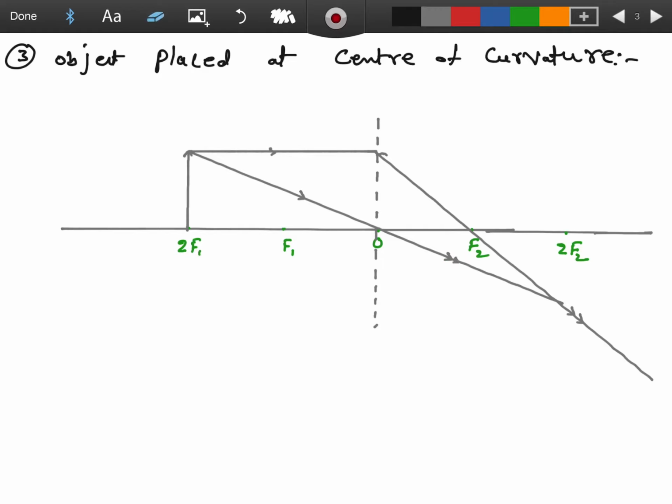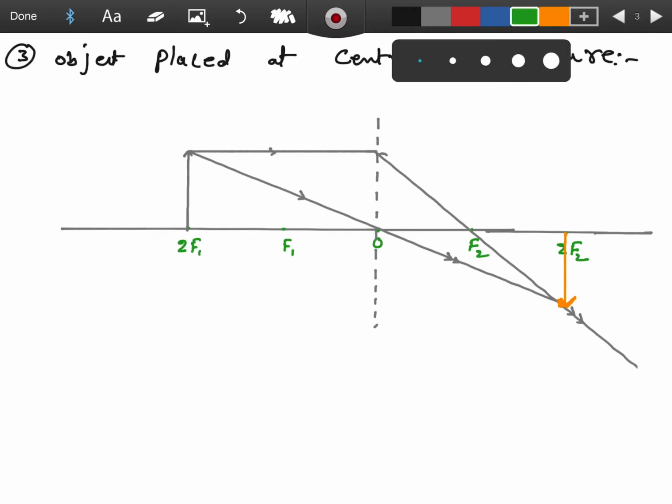The two refracted rays, where they meet, there you will get the image. See here, the intersection of the two refracted rays, there you got the image. In this manner. This is 2F2.